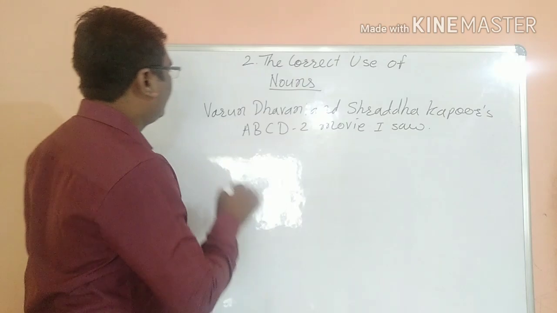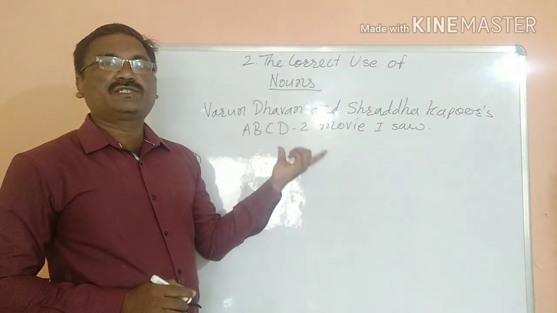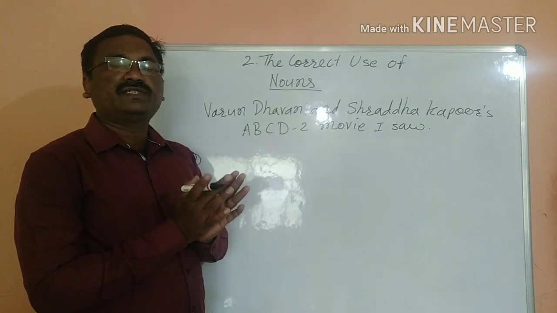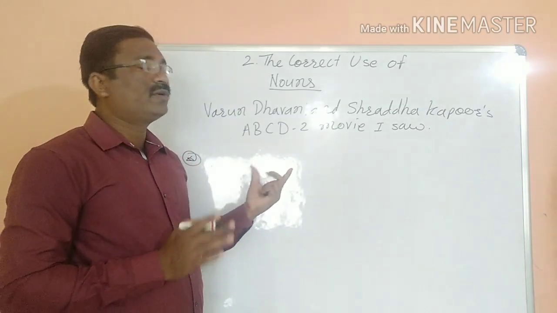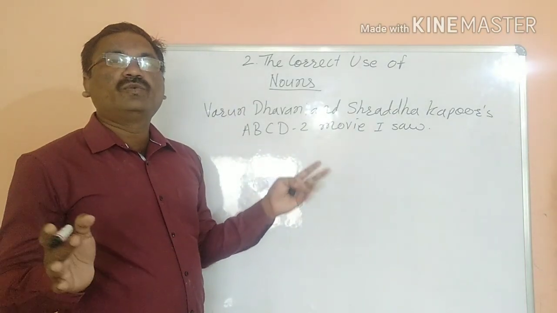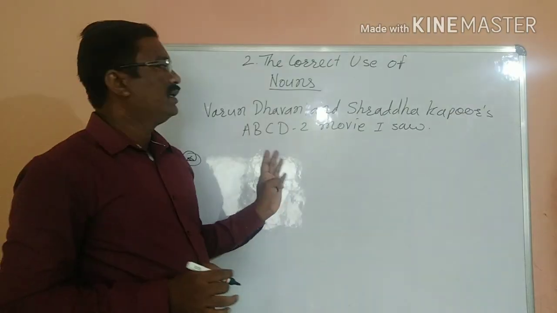But if these two persons are not related with each other, or they have not done work together, and we are talking about separate work, then we have to use apostrophe s or the possessive case with the separate nouns.